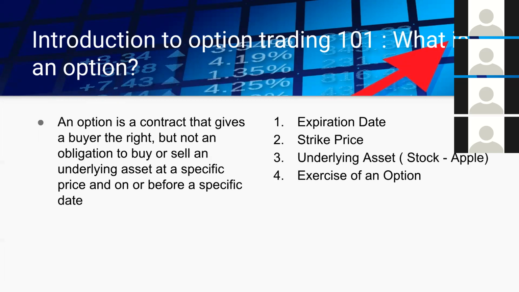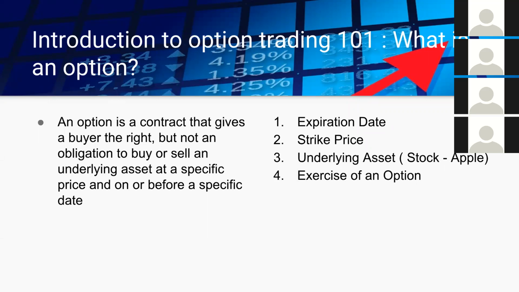For example, a stock like Apple will be the underlying asset. And last but not least is the exercise of an option, which means when you can actually exercise the option and buy the security.